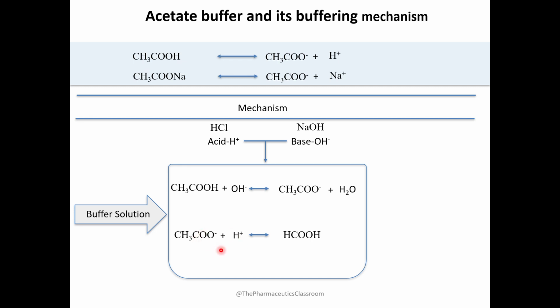As I told, this is a reversible reaction, so the H plus ion will react with the acetate ion and form acetic acid, CH3COOH. By mistake I had written formic acid, but it will form acetic acid. Once I have added base, the base will react with acetic acid, take hydrogen from it, and form acetate ion and water.